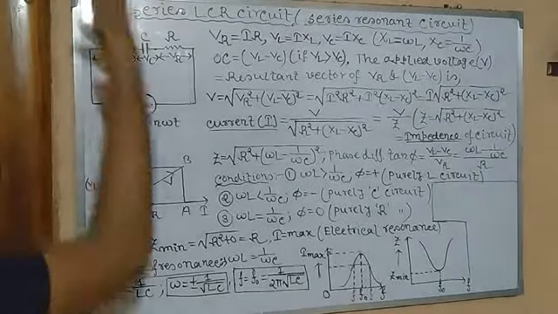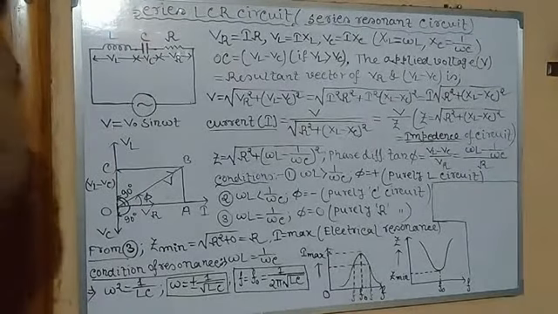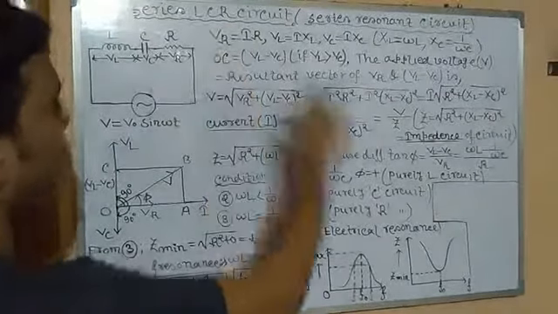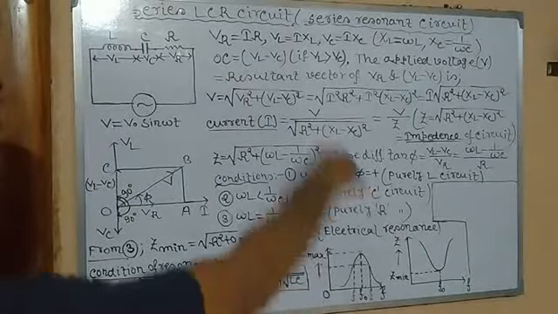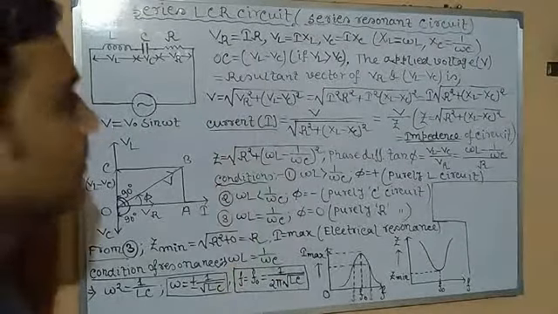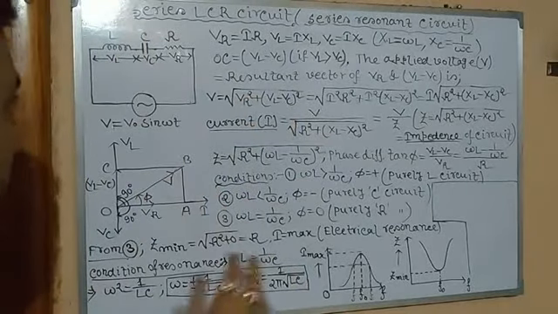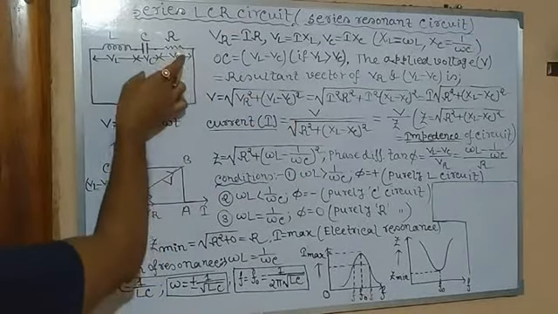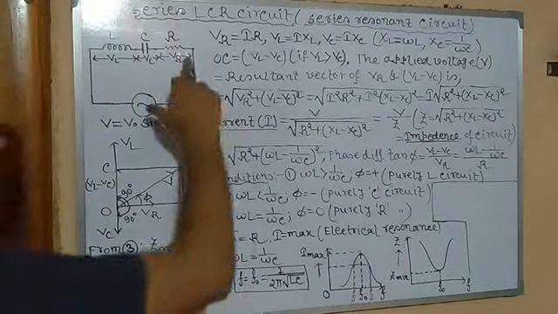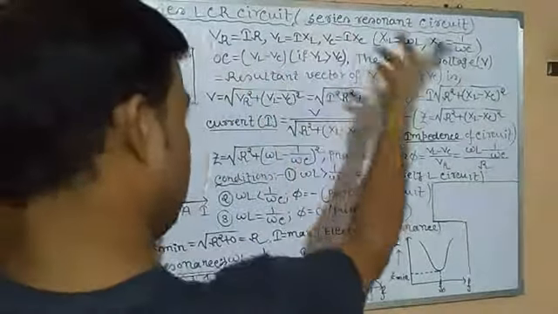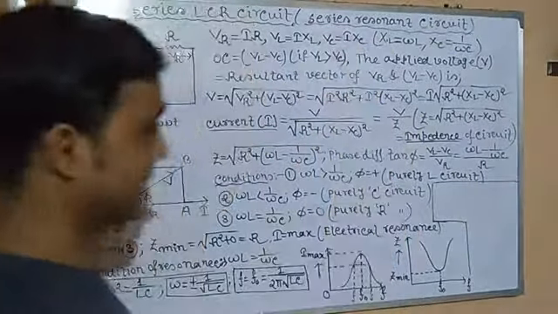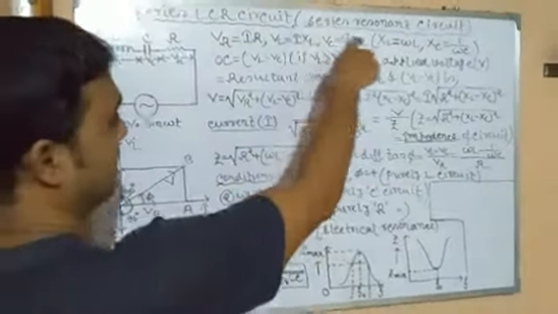Now, by applying Ohm's law across the resistor, capacitor and inductor, VR equals IR, VL equals I XL, and VC equals I XC. What are XL and XC?